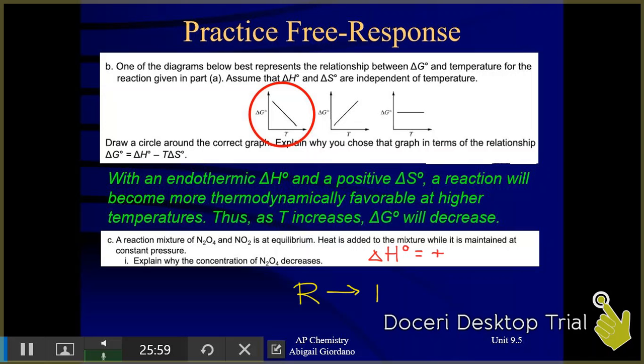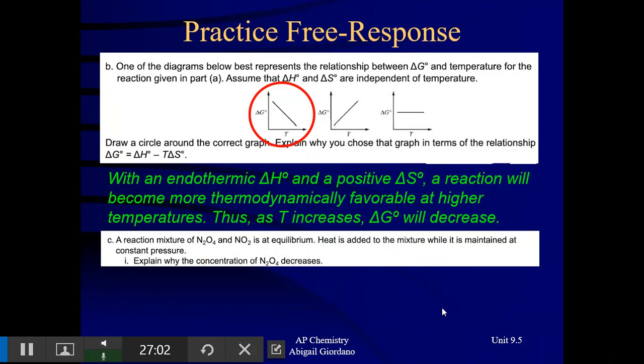Okay, so think about it before I pull up the answer. Reactants, products. If it's endothermic, heat is treated like a reactant. So if we add more heat, that's going to cause the reaction to shift in the forward direction, creating more product and consuming some of the reactant. Well, guess what? N2O4 is a reactant.